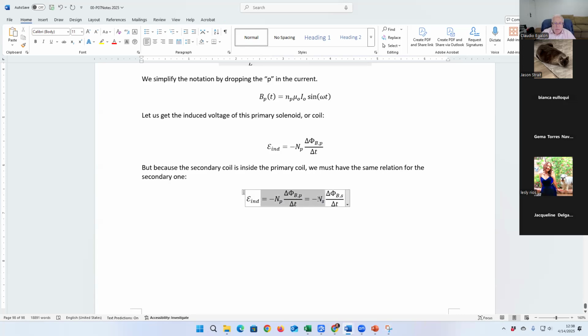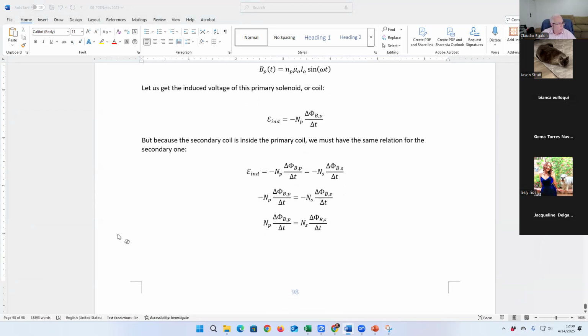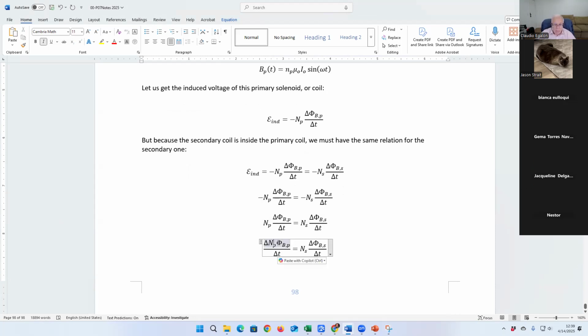And now we have this relationship right in here that's important, just to get to that point of mutual inductance and self-inductance. Here you go. In the next step, these negative signs cancel out. Now I'm going to put my number of coils inside this d/dt operator.